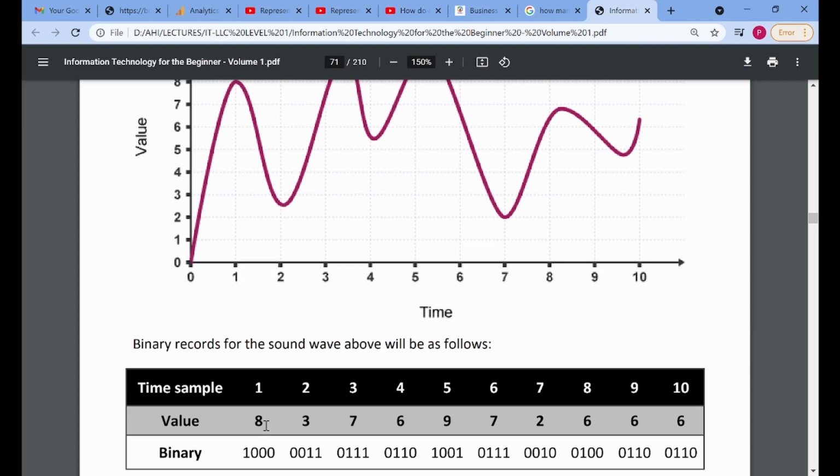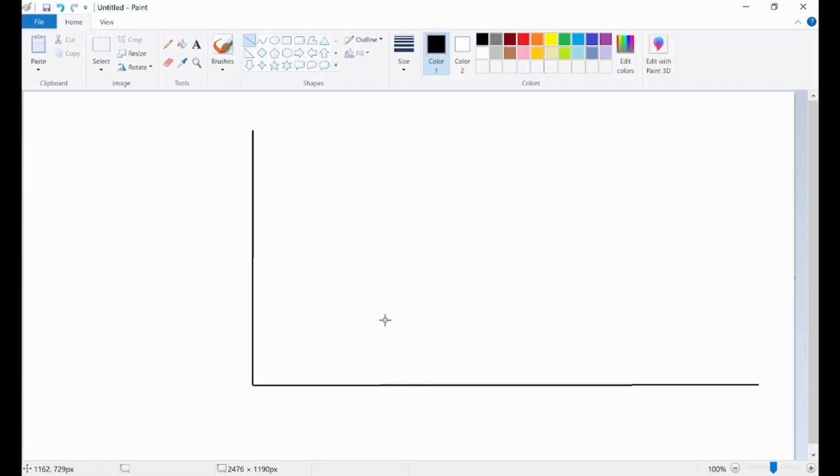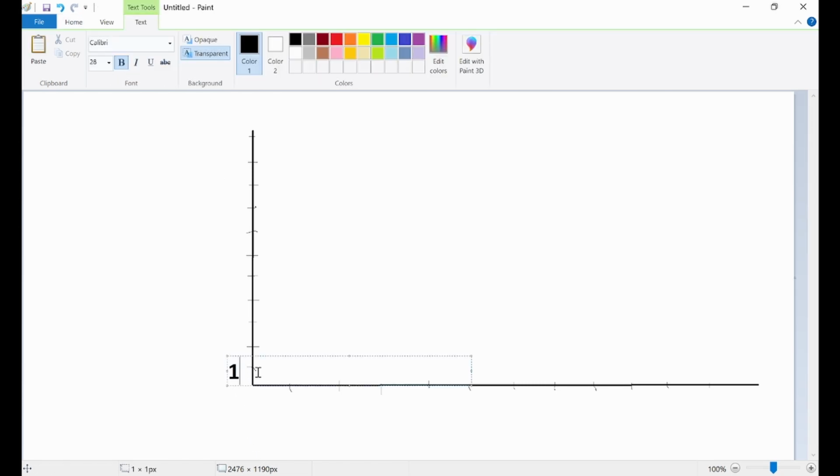We picked 8, right? Okay, so 8. If let's say we have a graph here, this is a graph, just a graph. You all know graphs, right? In SS, you use graphs. So let's say this graph, we have 1 here.